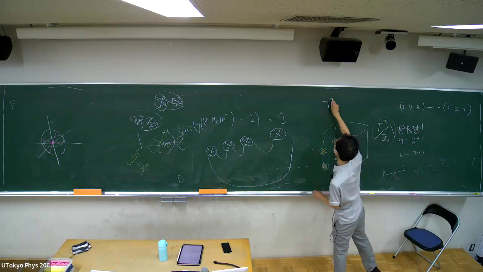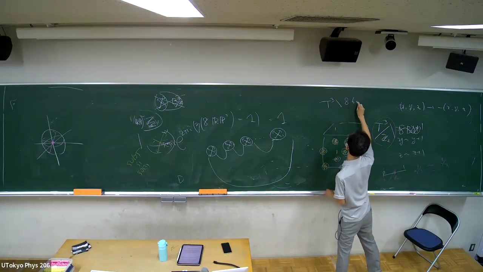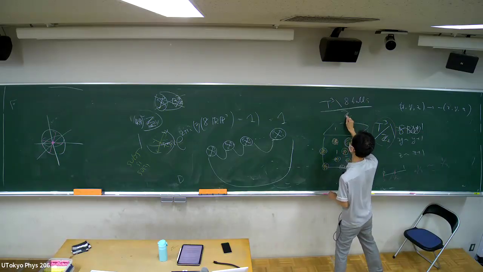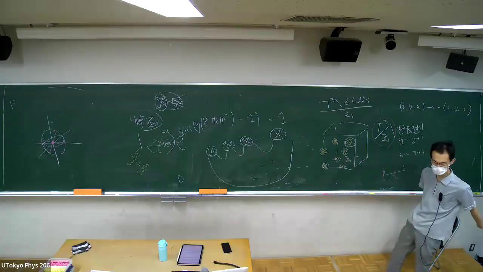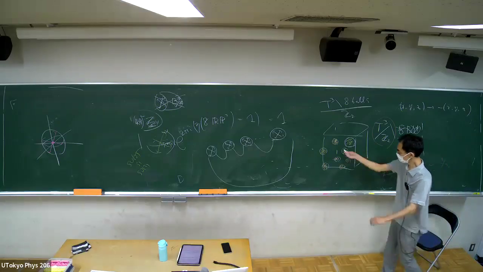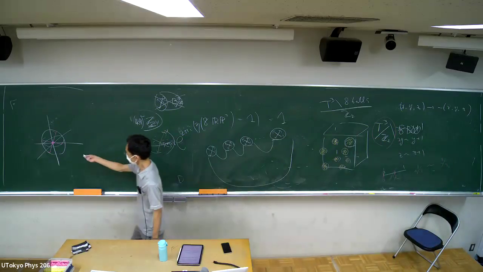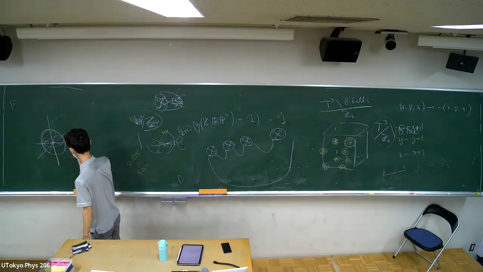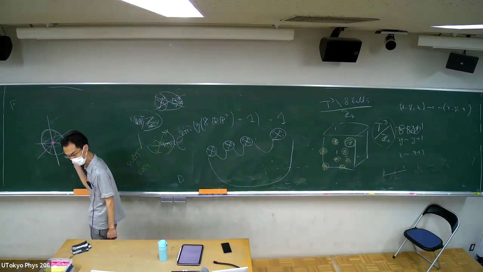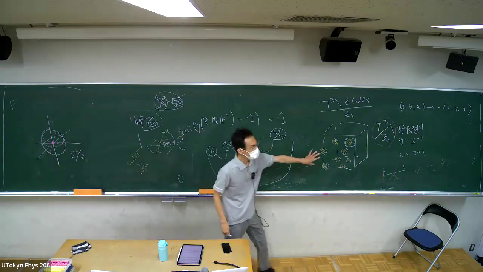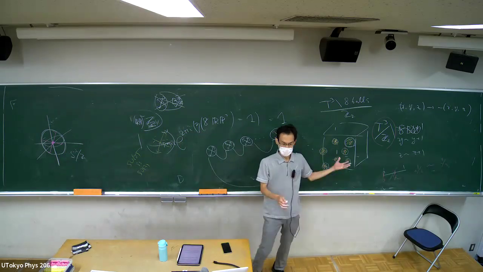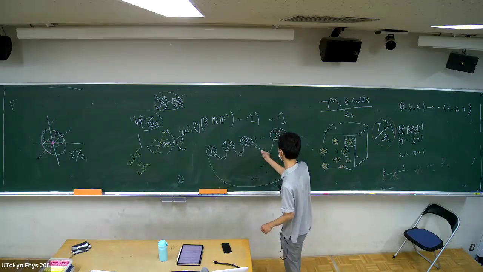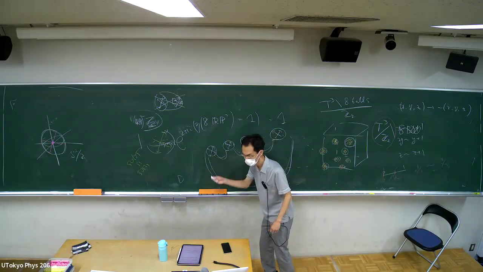Sorry, I should first remove 8 balls and then divide by Z2. So this is perfectly smooth. What are the boundaries? At each of these points, you have a boundary which is S2 divided by Z2, which is RP2. So you have 8 RP2, which is nicely filled in by a smooth manifold.